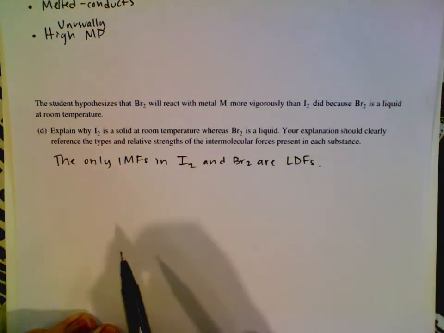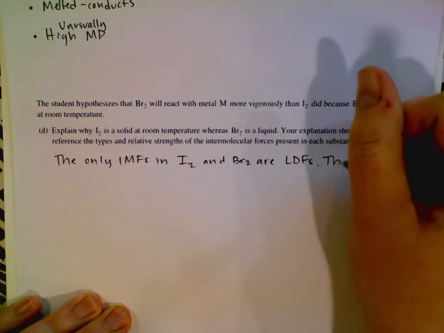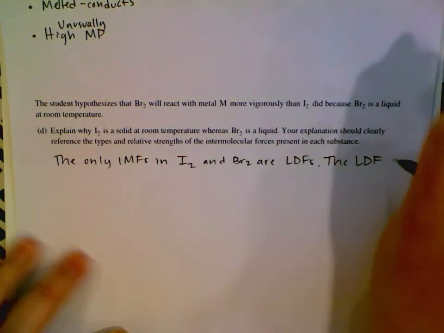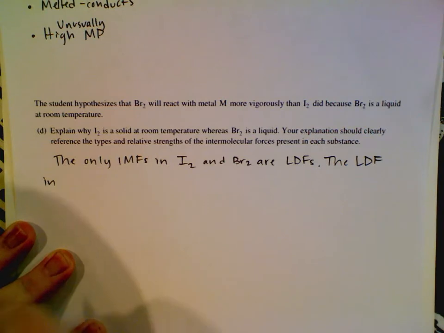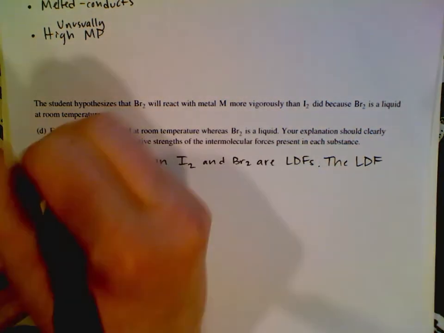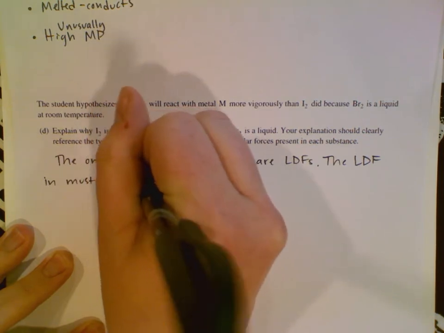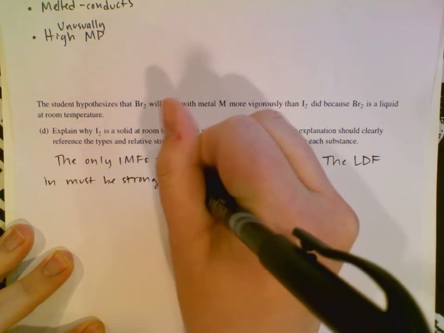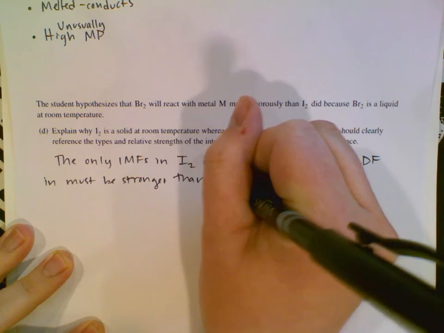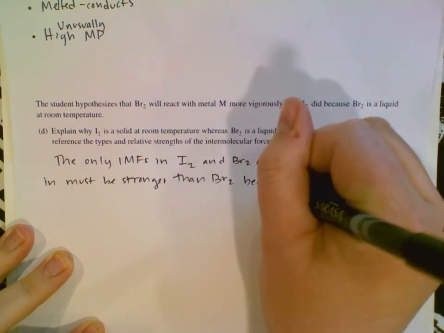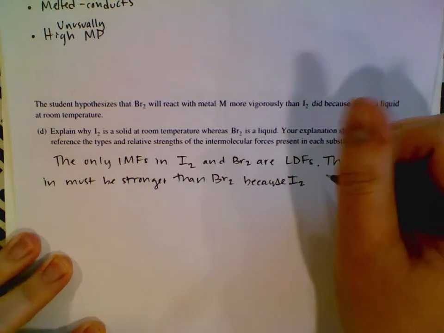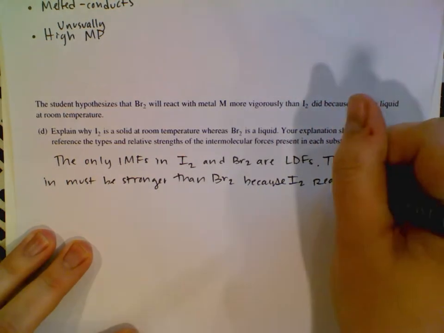And what that means is that the London dispersion forces in iodine must be stronger than bromine because I2 remains a solid at room temperature.